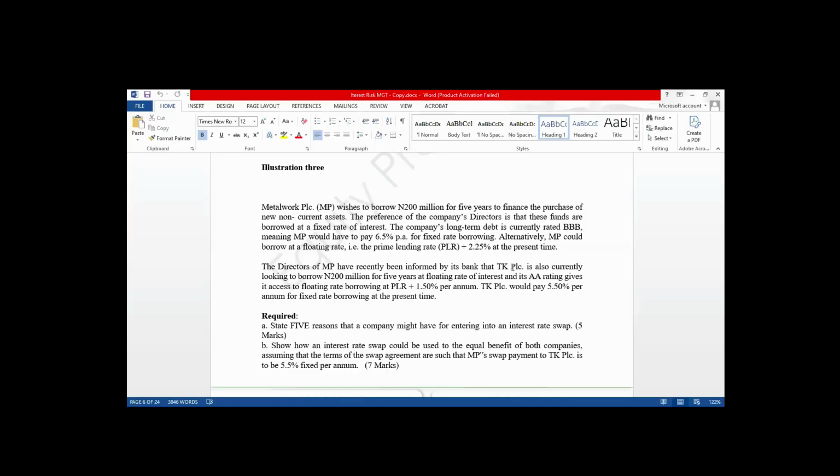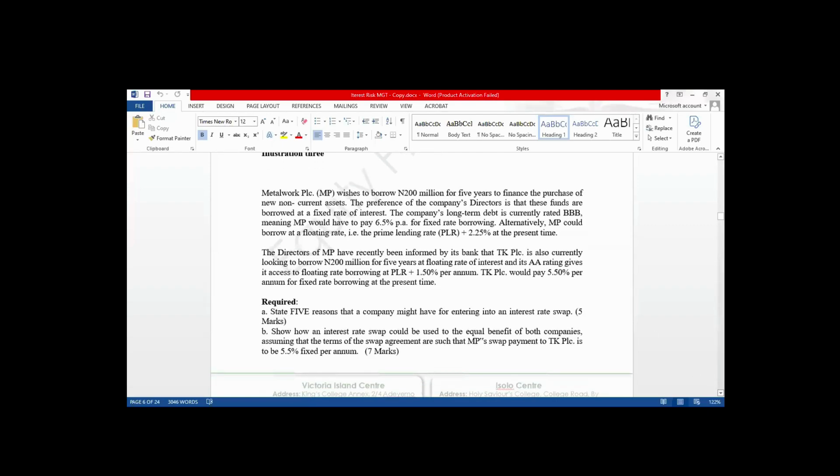Whether the examiner will test question on interest rate risk or not, nobody is sure. But if the examiner is going to test question, he's most likely to look at interest rate swap. Now let's go to the question.